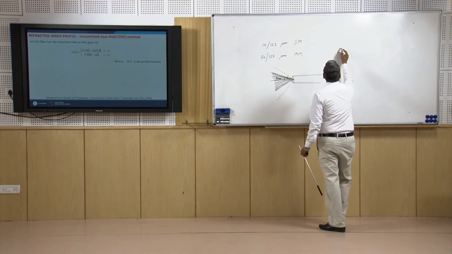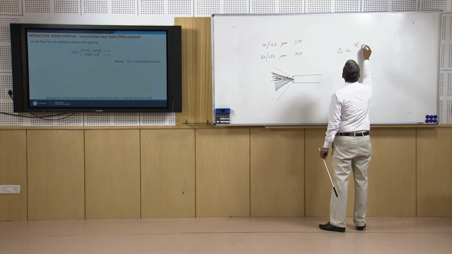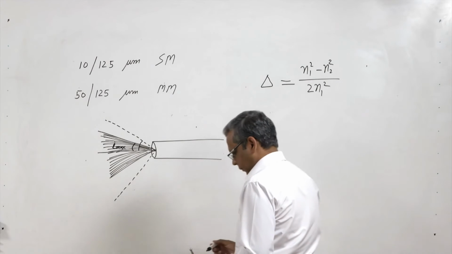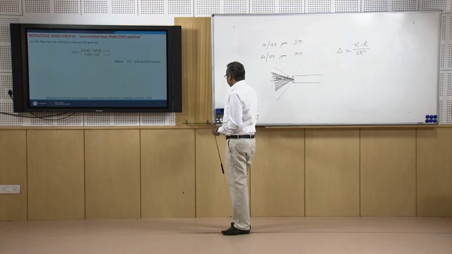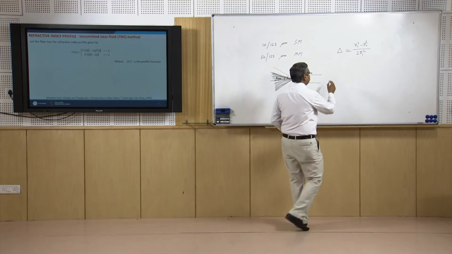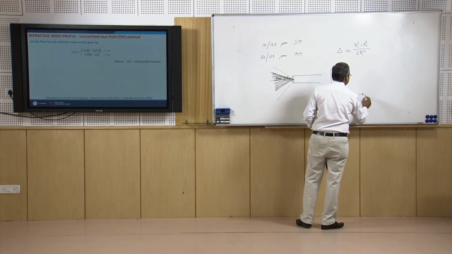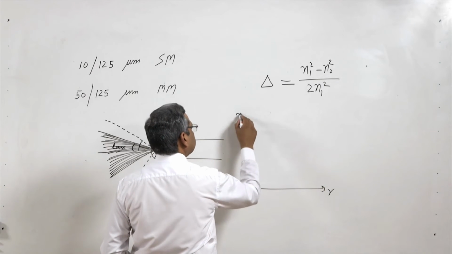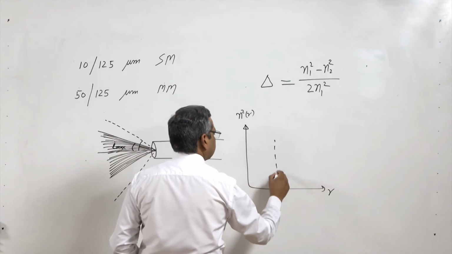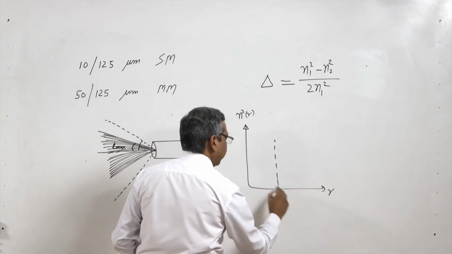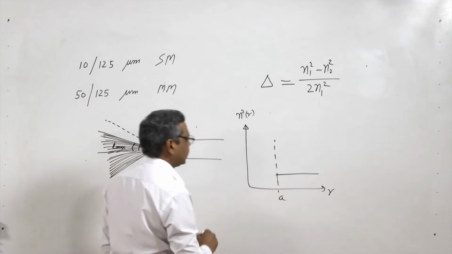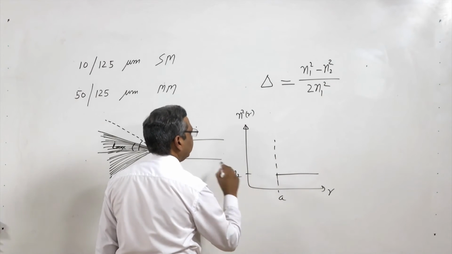And you remember the definition of delta. Delta is n1 square minus n2 square over 2 n1 square, and f(r) is the profile function. It tells you whether the fiber has a refractive index profile, if this is r and this is n(r) or n square(r). So, this is the core cladding interface r is equal to a, this is the cladding refractive index, let us say it is n2.